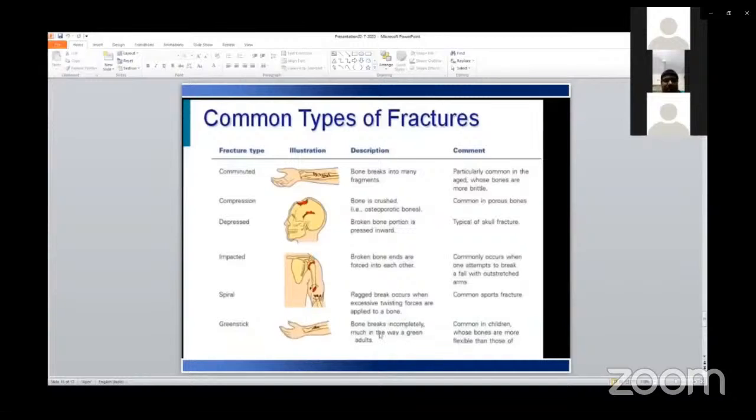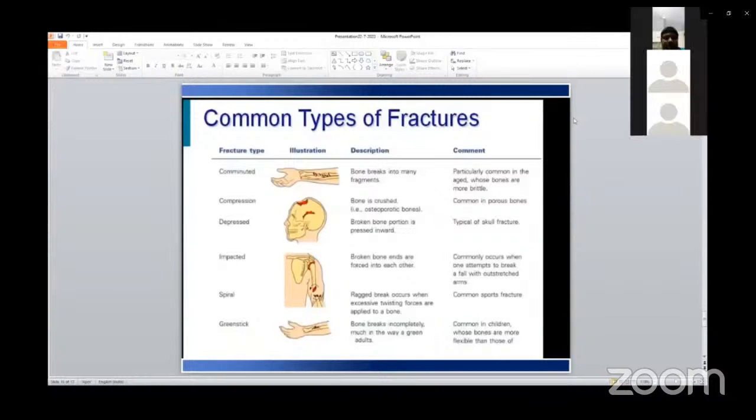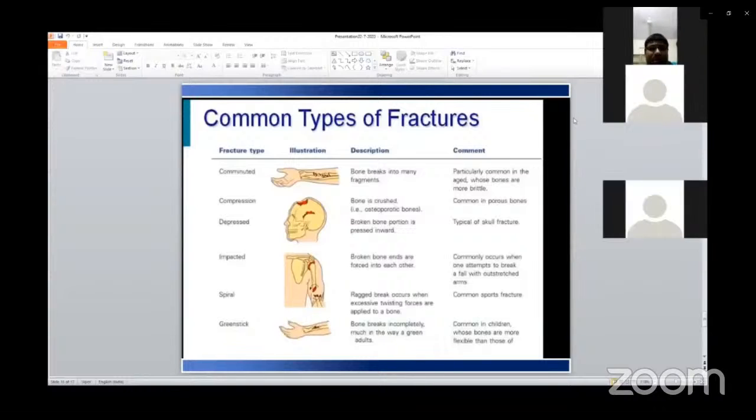This kind of fracture particularly happens to aged people because they don't have enough calcium in the bone. Due to this deficiency, it is very easy for the bone to break into several pieces.